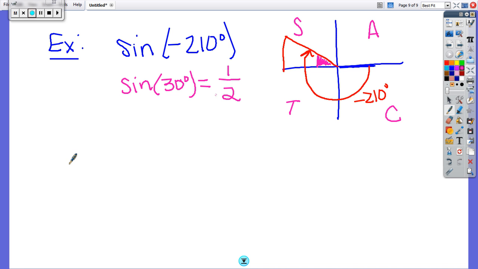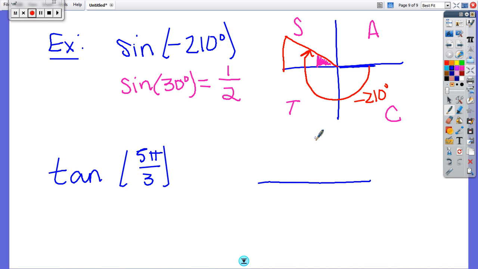Let's try another one. This time they want you to evaluate tangent of 5 pi over 3. I'm going positive here, so I'm going to draw my axis, and start with my initial side, and go 5 pi over 3 radians to get to about here.